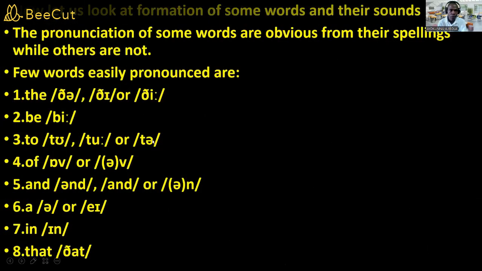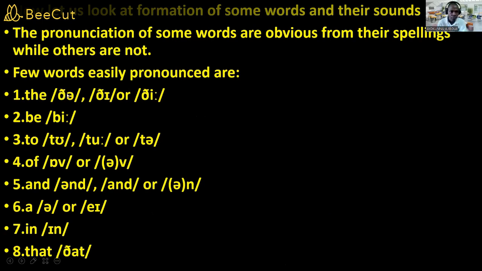So now let's look at the formation of some words and their sounds. The pronunciation of some words is obvious from the spelling, while for others it is not. A few words that we're going to look at right now: number one is the, THE, when you see it in a sentence.